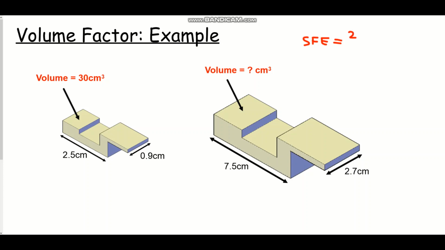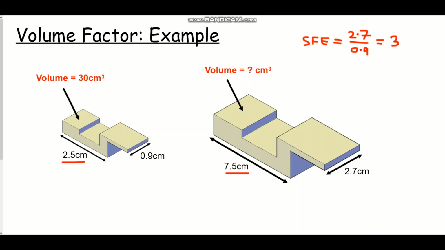Now you've got 2 choices here. You can do 2.7 divided by 0.9 because those are matching sides, or just as easily you could have done 2.5 divided into 7.5, and that would give you the same answer here. Our scale factor enlargement is 3.